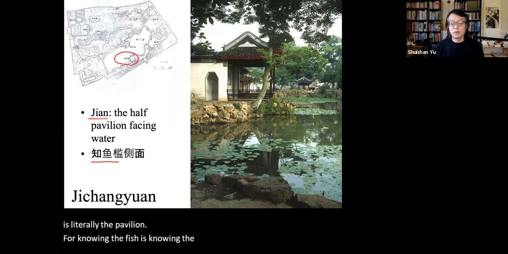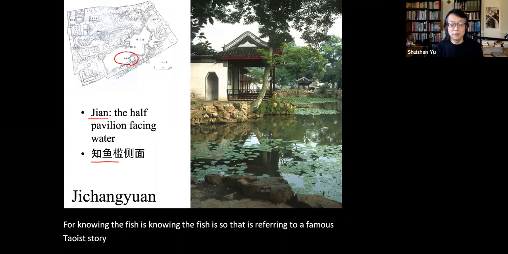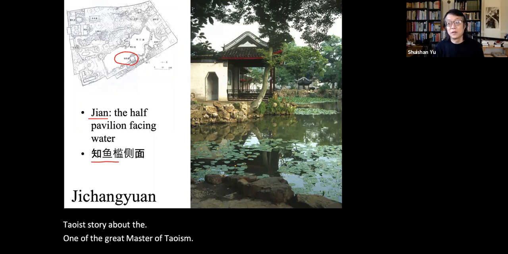So that is referring to a famous Taoist story about one of the great masters of Taoism living in the 4th century BCE. One day he was taking a walk with his friend, and he said, how happy the fishes are swimming in the water.